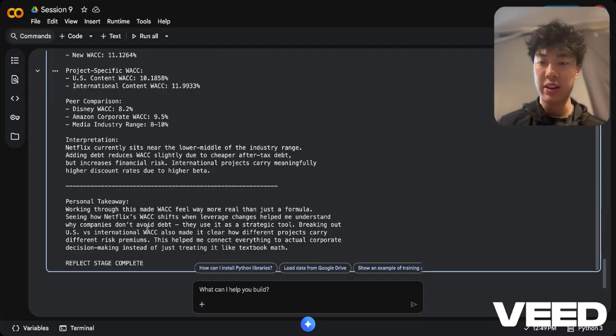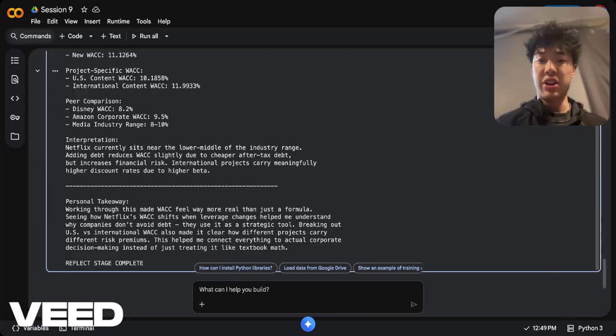Working through this made WACC feel a lot more real than just a formula, seeing the way Netflix's WACC shifts when its debt changes. It helped me understand why companies don't avoid debt and why they try to stay in that sweet spot.